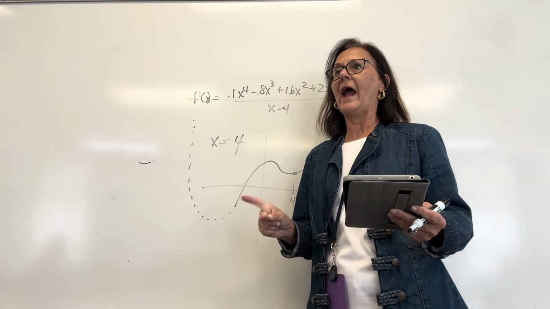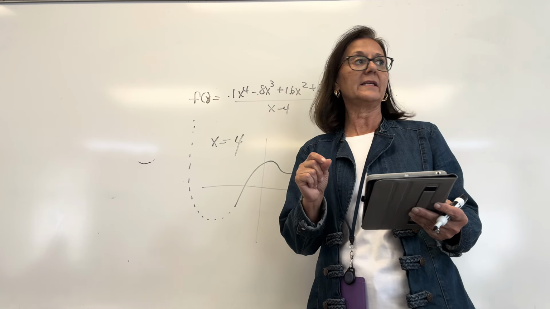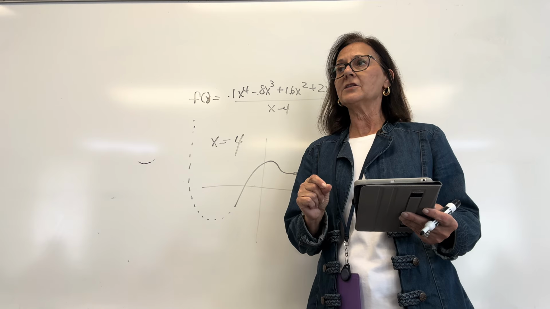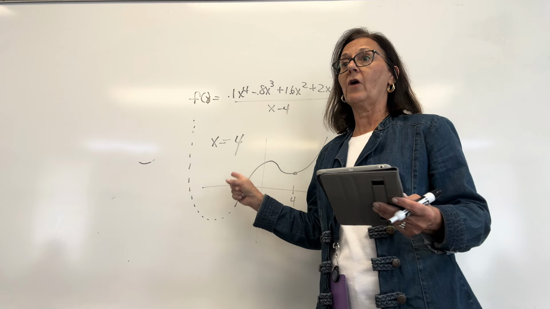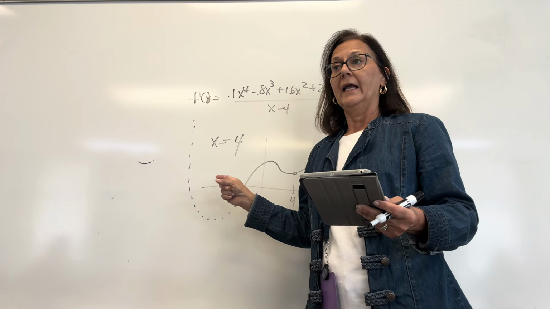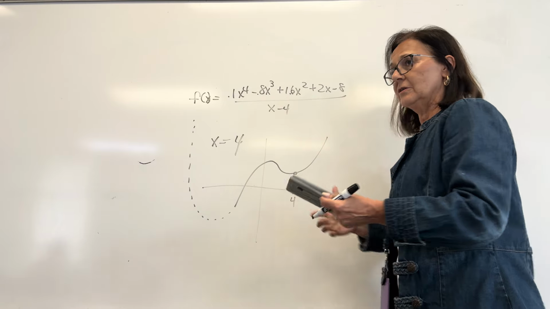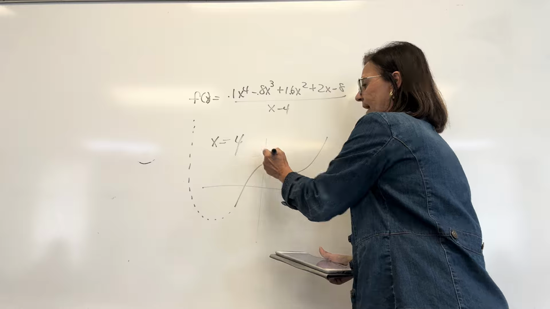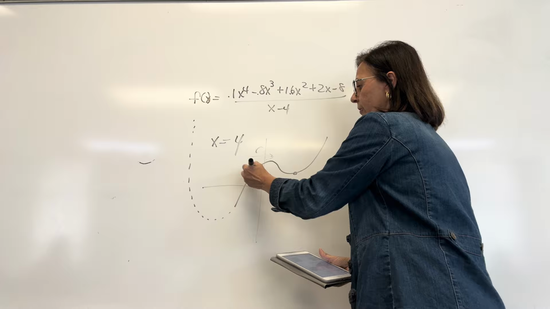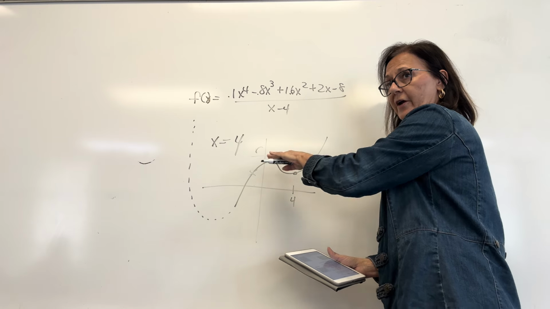If you go back to the graph and you hit trace, your marker will be on the graph somewhere. If your marker's over here, go right. If your marker's over there, go left.